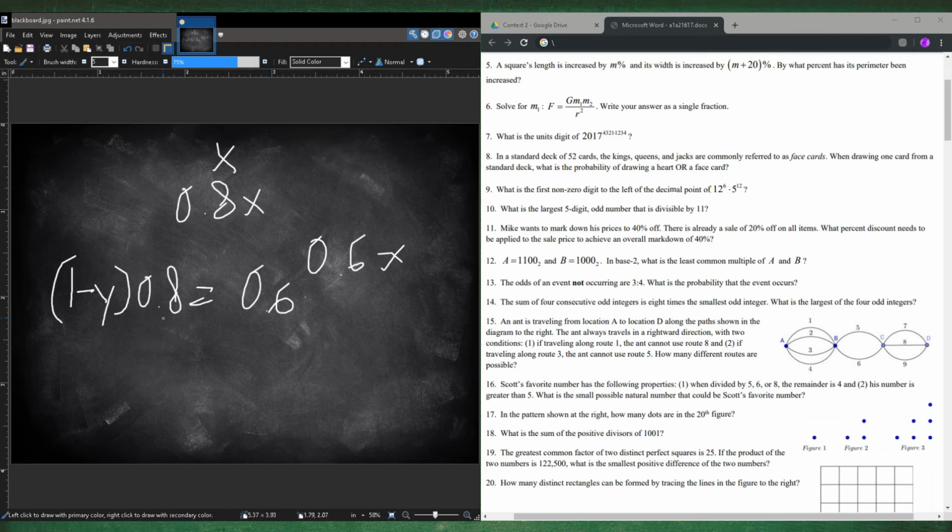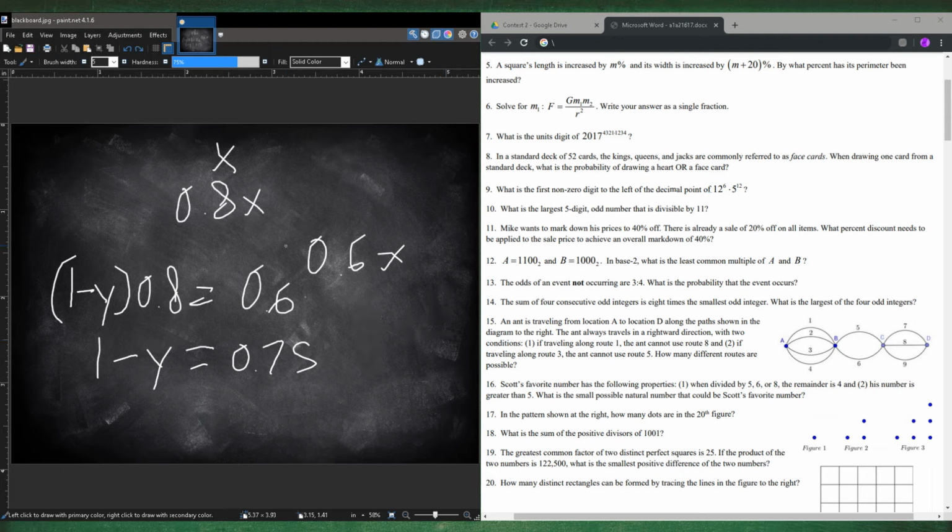So 0.6 divided by 0.8, you can take out the zeros and put 6 over 8. That turns out to 3 over 4, and 3 over 4 is just 0.75.